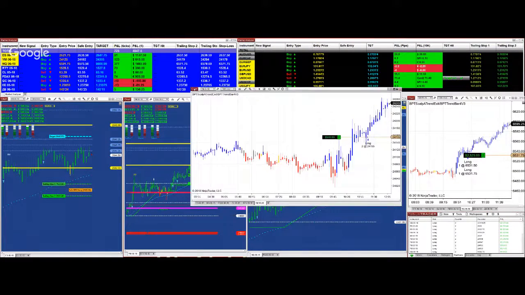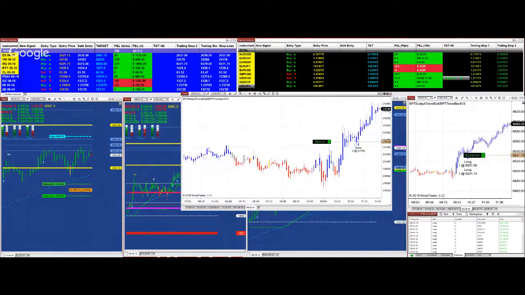Let's look at the 5 minutes. The YM, we are still on one trade on the 5 minutes.